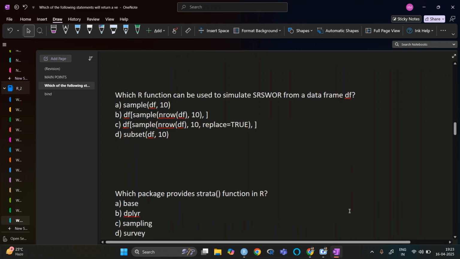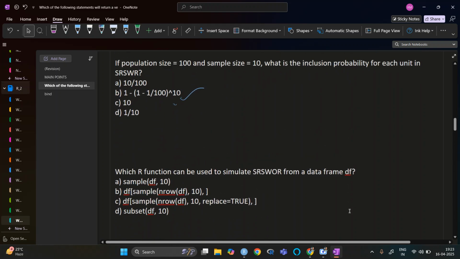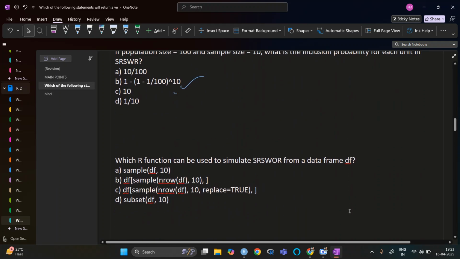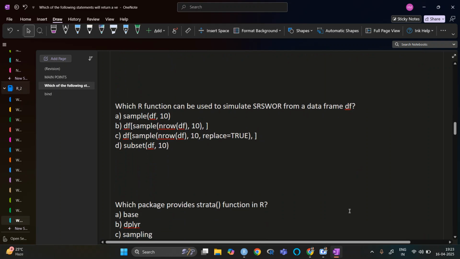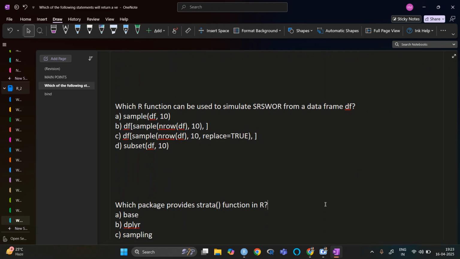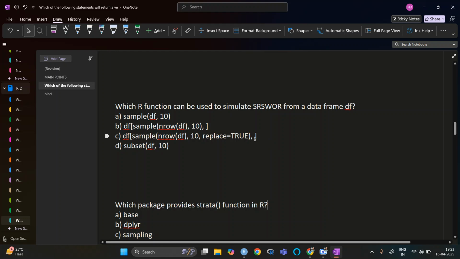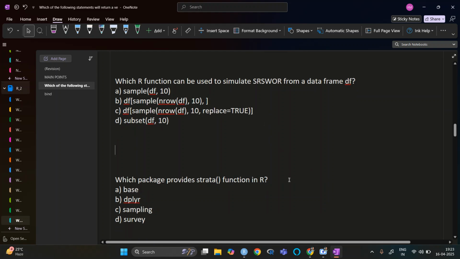The next question is which... These questions will be asked in exam, I think so. I have no idea. I'm not giving any hint, I'm just guessing which type of questions may be asked. Maybe, because if R is available, then we can at least try any code.